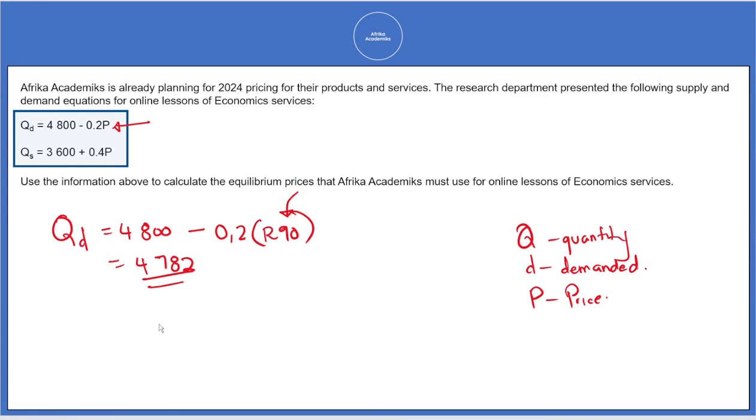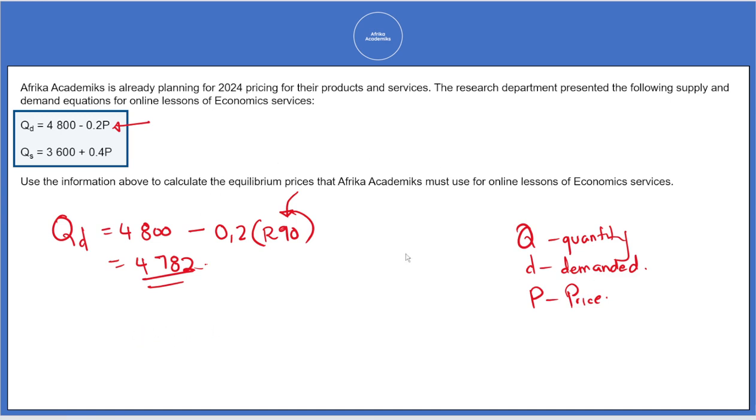Right, this includes all people. It's not only just a single person. So let's see what would happen if we then increase the price. Let's say we make it 100 rands. So if we make it 100 rands, the quantity will then become 4,780. So we can see that it decreased. I mean to say that the quantity demanded decreased from 4,782 to 4,780. So you can see that as the price increases, fewer people demand the services, right?